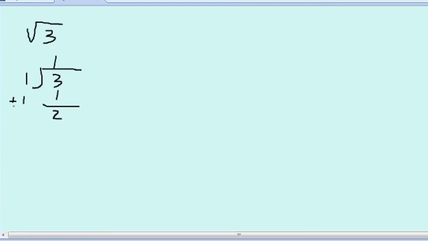Okay, let's find the value of root 3. For root 3, again we'll follow our division method. Write 3 here. Now again 1 into 1 will be equal to 1. So 3 minus 1 is 2. 1 plus 1 is 2. This is equal to this number.